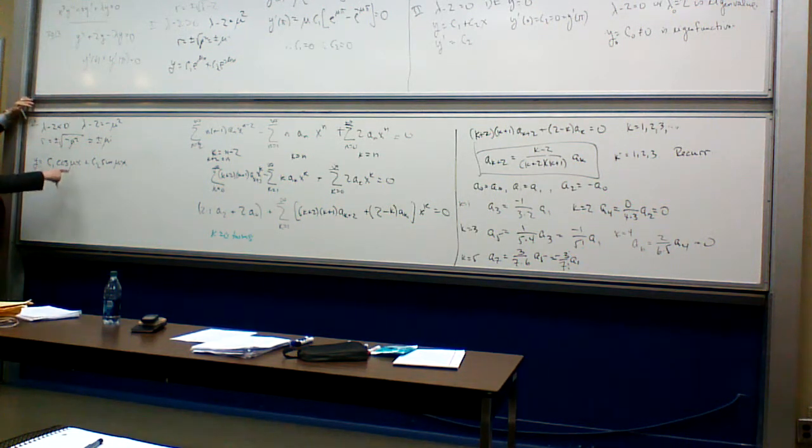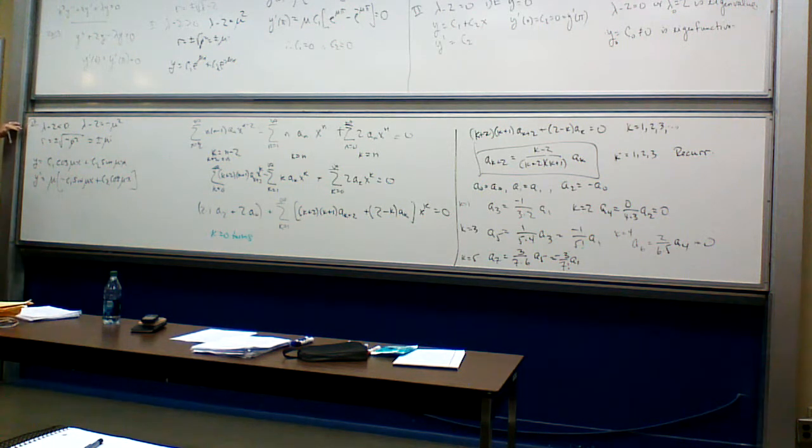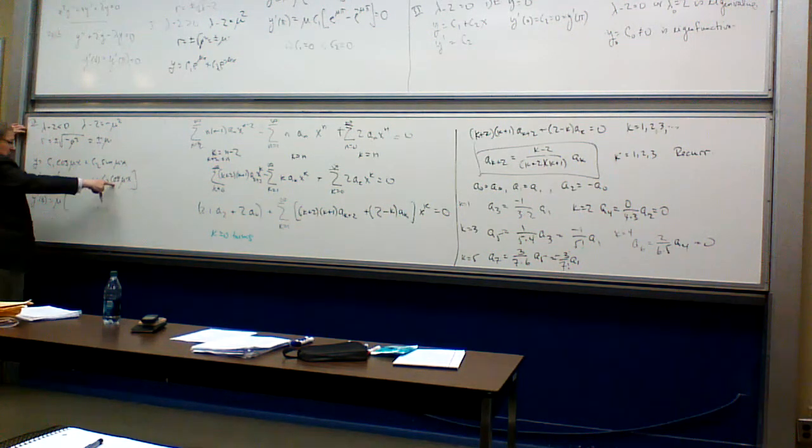I'll calculate the derivative. A factor of mu comes out of each of these when I do that. Negative C1 sine mu x plus C2 cosine mu x is the derivative. Y prime at 0 is mu C2. Sine of 0 is 0, cosine is 1.